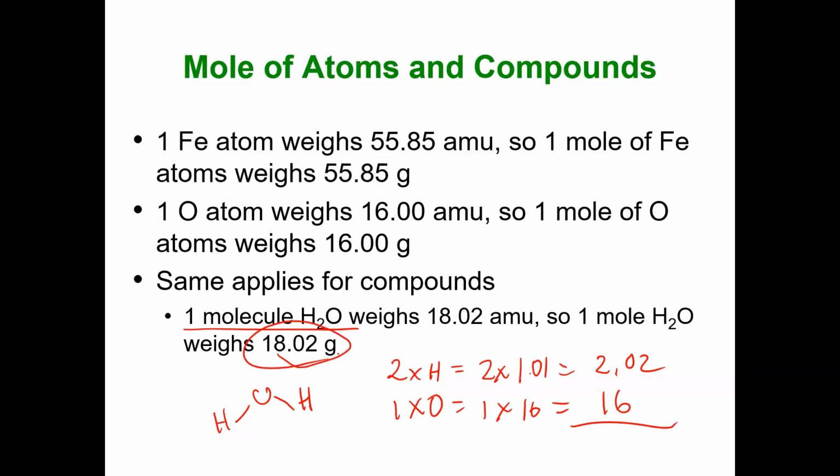But now I'm going to change the AMU, because 1 molecule is not very practical. I'm going to change that unit to grams, and I know I'll have a mole of it, which is 6.022 times 10 to the 23rd.